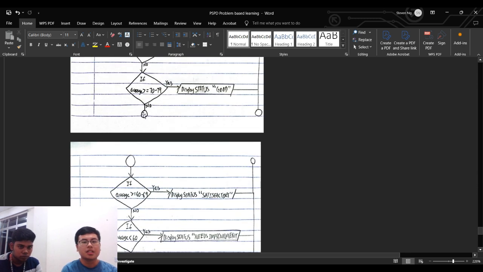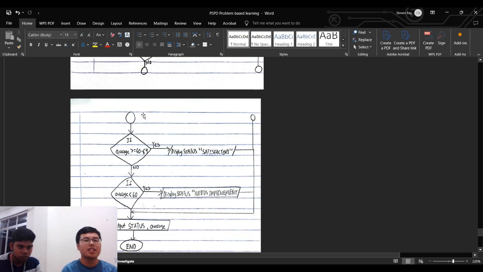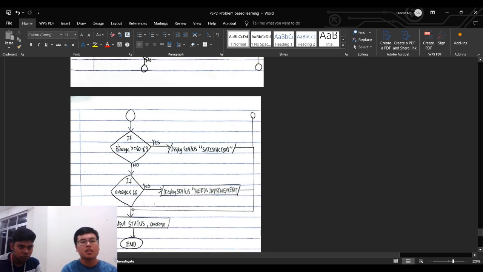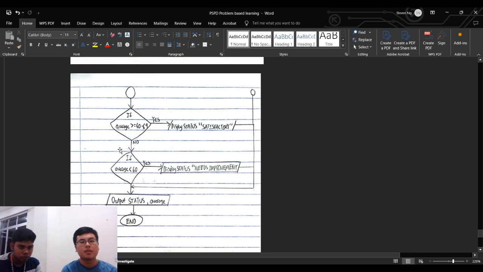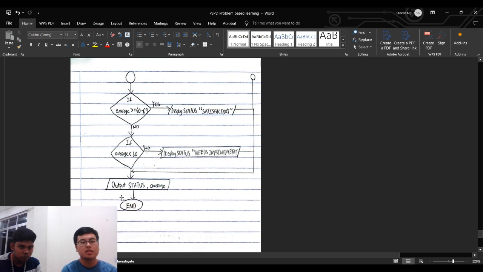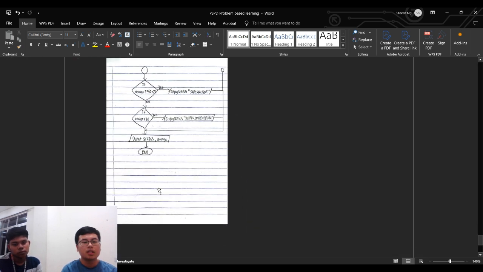This right here is the connector, as I don't have enough space to write on the piece of paper, so I connect it to another page. So continue here, decision making, satisfactory, needs improvement, and lastly the output for status and average, and end. So that's all for PBL1.